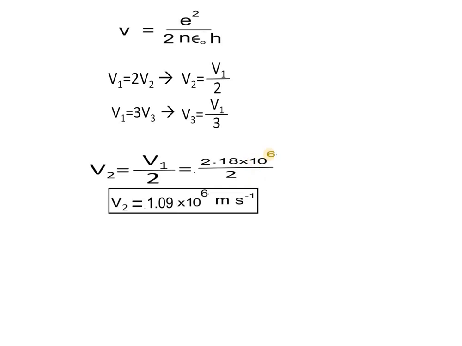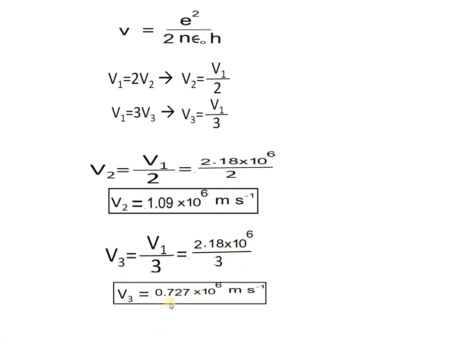So this is the orbital speed of the electron in n is equal to 2 level. Now similarly we can calculate orbital speed of the electron in the level n is equal to 3. For that we need to use this formula, V3 is equal to V1 by 3. V1 is equal to 2.18 into 10 power 6 divided by 3. So V3 is equal to 0.727 into 10 power 6 meter per second.